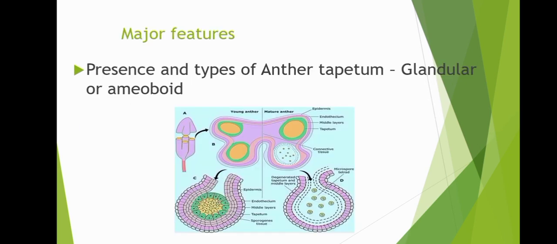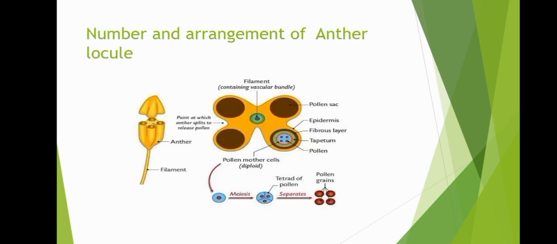Its major features are the presence and types of anther tapetum, which is glandular or amoeboid. The tapetum is the nutritive layer of the anther wall and it may be glandular or amoeboid in shape. Number and arrangement of anther locule.